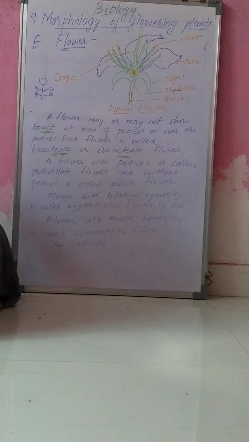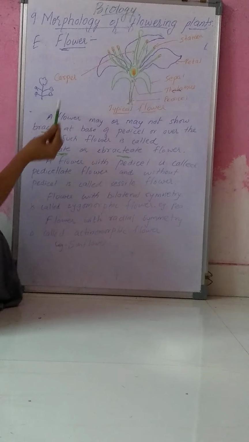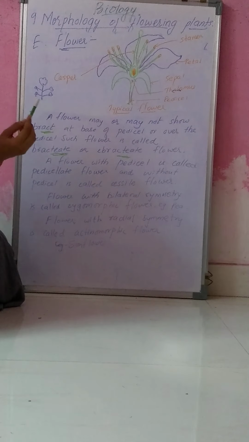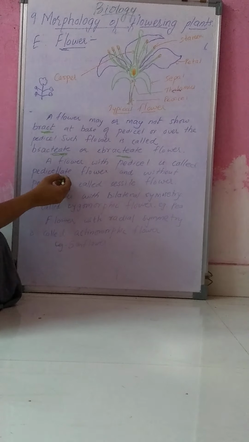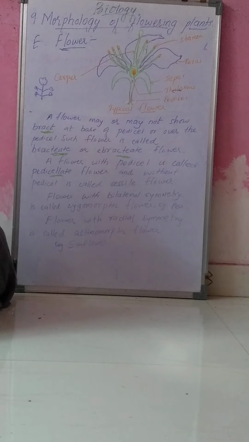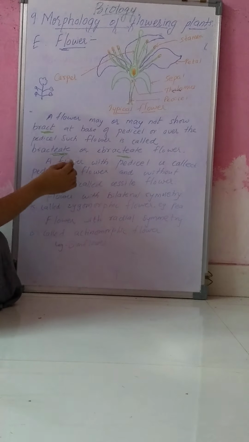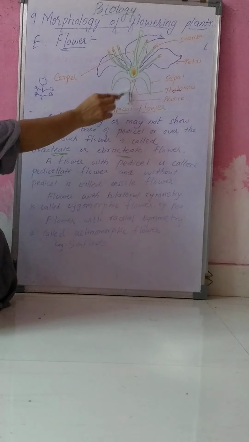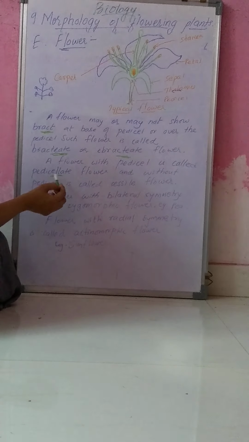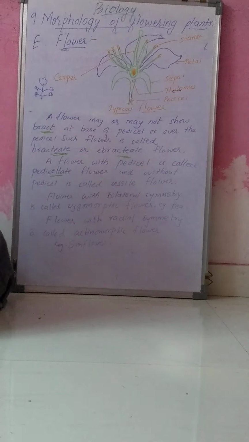Then this pedicel, as I said, is the stalk. If that stalk is present, that type of flower is known as pedicellate flower. You can see here pedicel is present, so this type of flower is known as pedicellate flower.